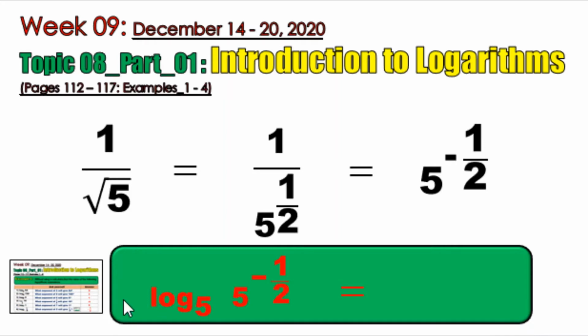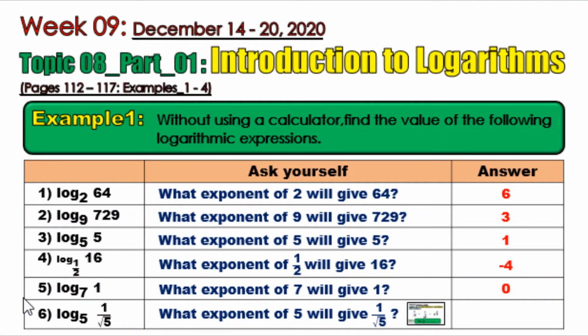What would be the exponent of 5 so that we can get 5 raised to negative 1 half? So of course, that would be negative 1 half. Okay? So the answer for this is negative 1 half.